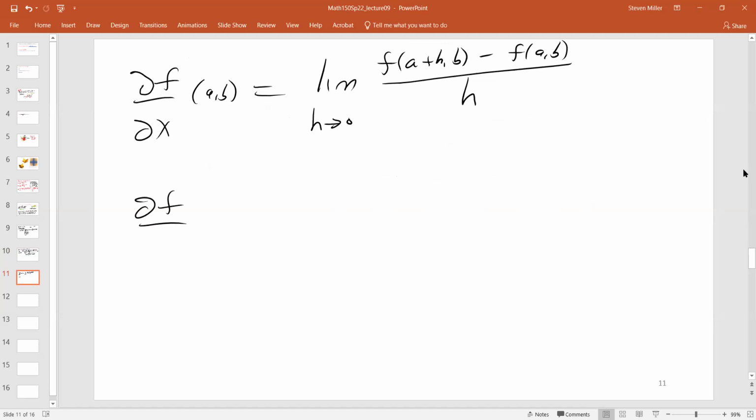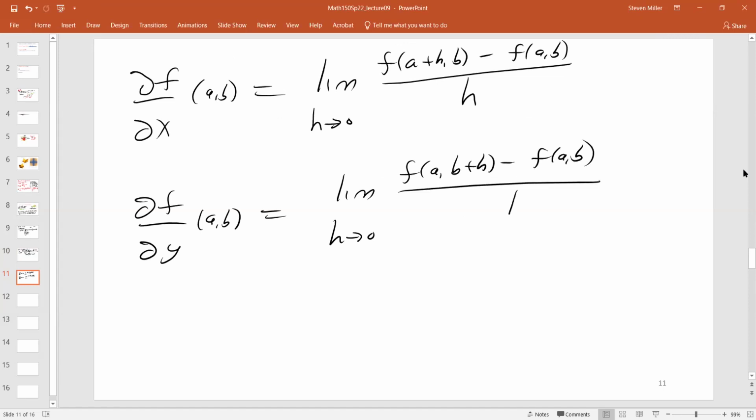And similarly, df/dy at (a, b) is the limit as h goes to 0 of f of (a, b plus h) minus f of (a, b), over h. And so these are the partial derivatives.